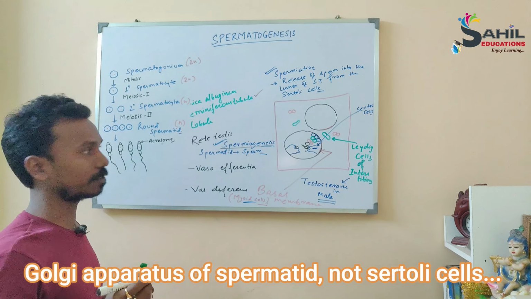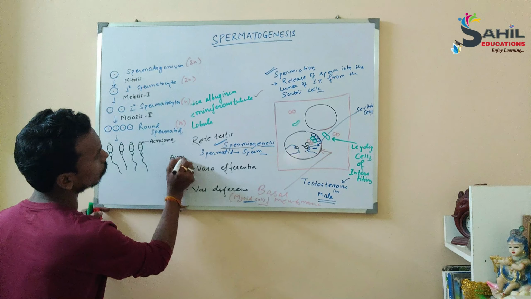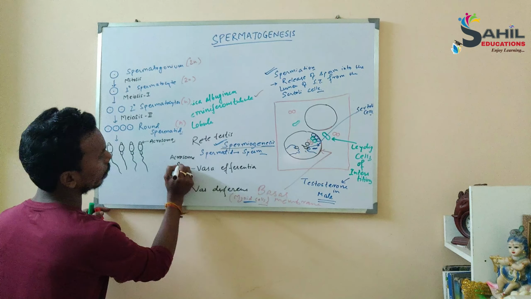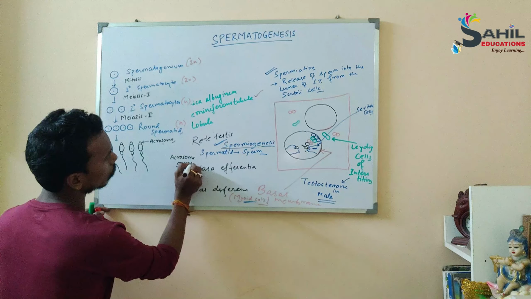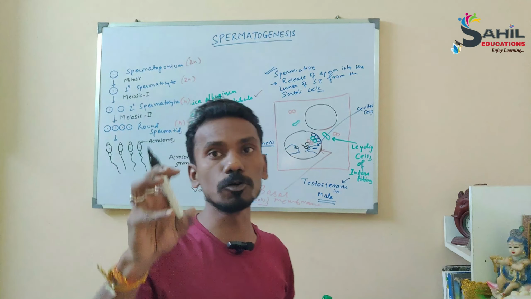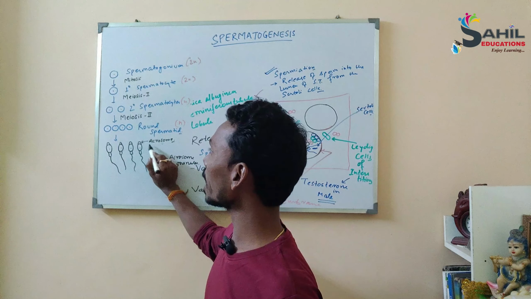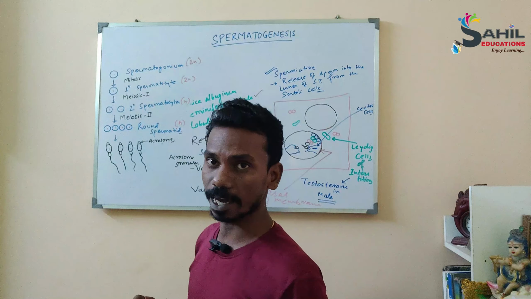These Golgi apparatuses will produce acrosome granules, and those acrosome granules will be accumulated, and they form a sac-like structure which is known as acrosome.